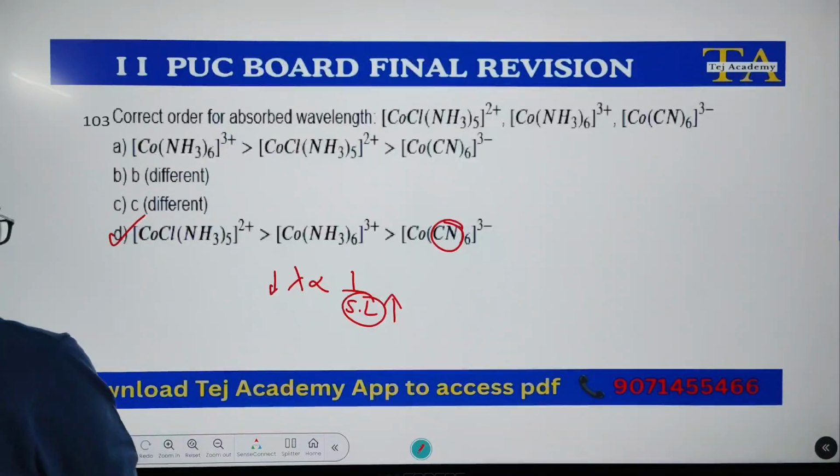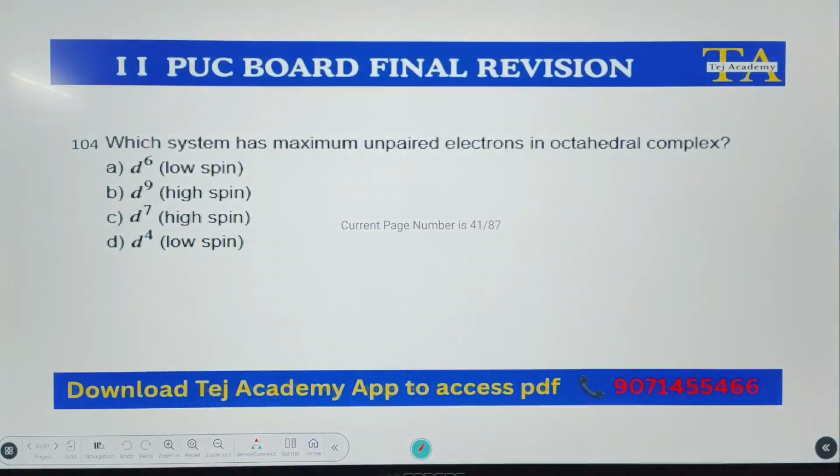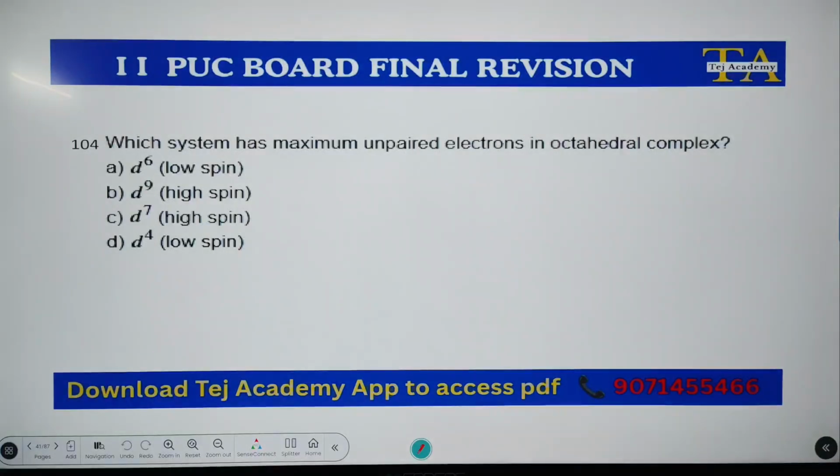Okay. So option D is the right answer. Which system has maximum unpaired electrons in an octahedral complex? Maximum unpaired electrons, D, high spin. So you will get maximum unpaired electrons.